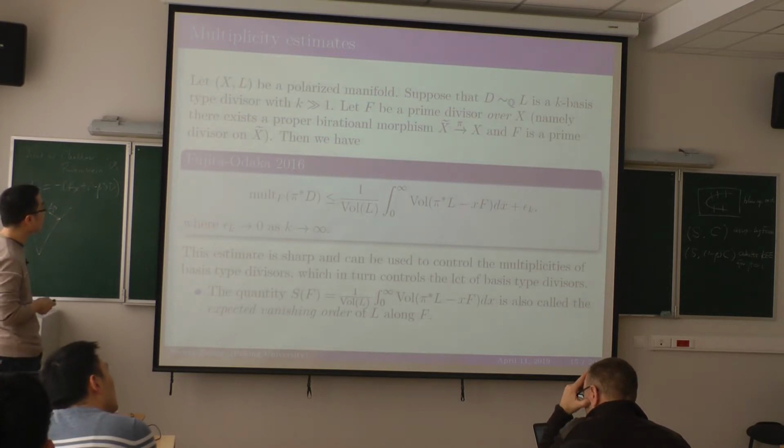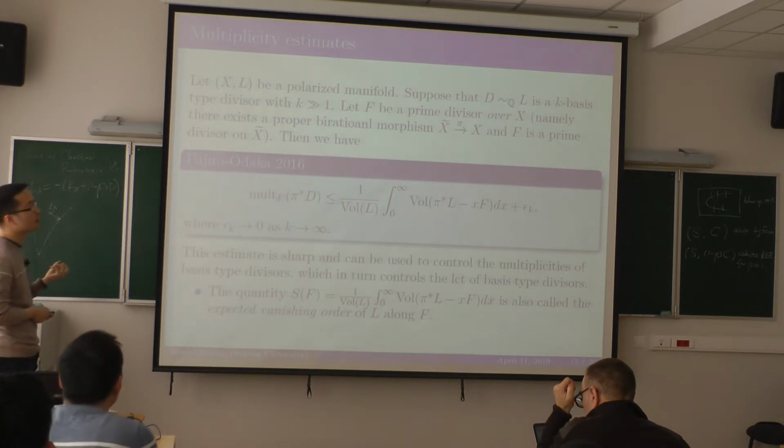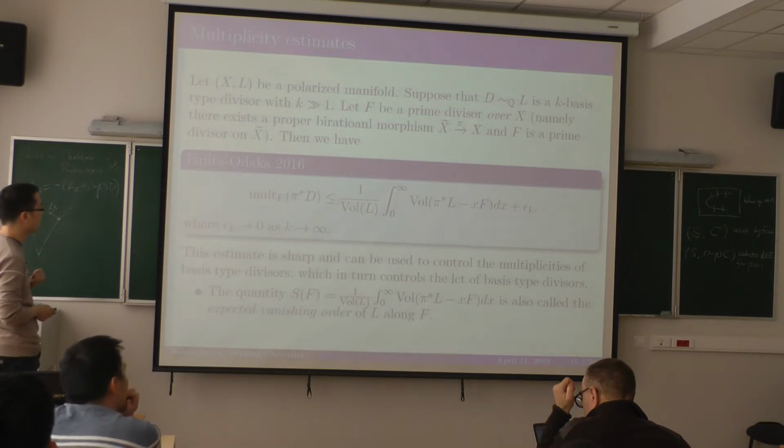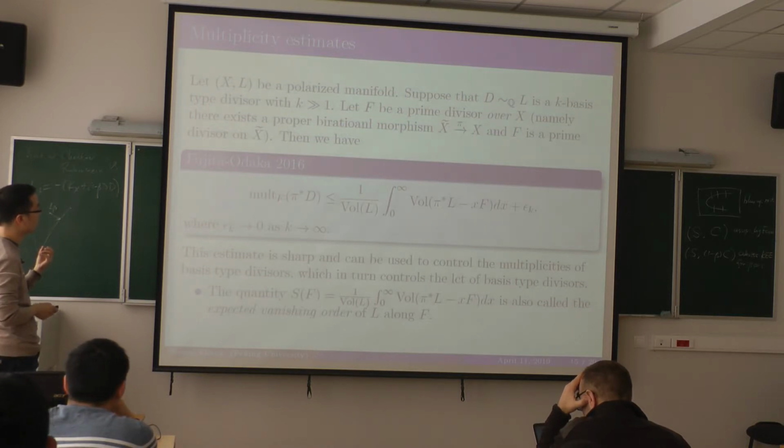One thing to note is that this estimate is basically sharp, in the sense that if we let k go to infinity, we can always find some specific basis type divisor, induced by the filtration of this F, such that the multiplicity of this divisor along F is almost this quantity. So in this sense, this estimate is sharp.